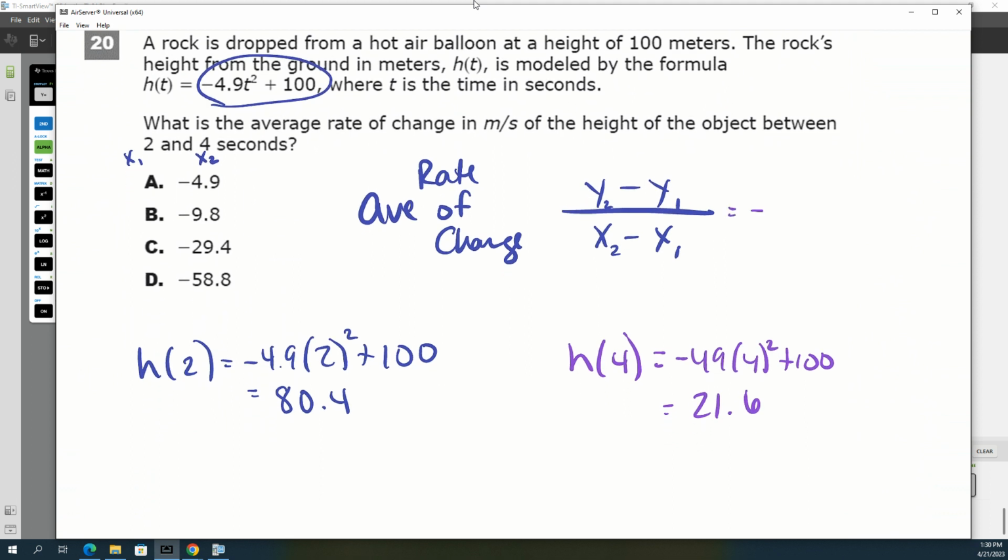So our average rate of change, this is y2, this is y1. So we'll do 21.6 minus 80.4 over 4 minus 2. Be careful you keep it in order. I plugged in 4 and I got the 21.6, so they should be lined up vertically. I plugged in 2 and I got the 80.4, so they should be lined up vertically.